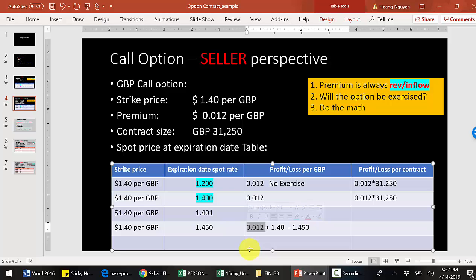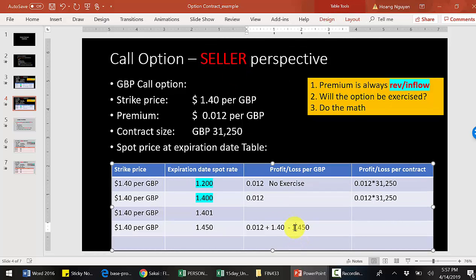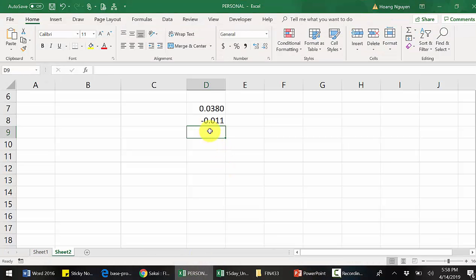Premium is cash inflow. Exercise price is what the option holder pays the seller, so it is inflow. The seller has to get the pound in the market, and therefore the cost will be 1.450. So now putting everything together, and here we go.